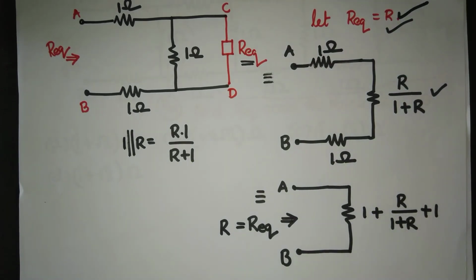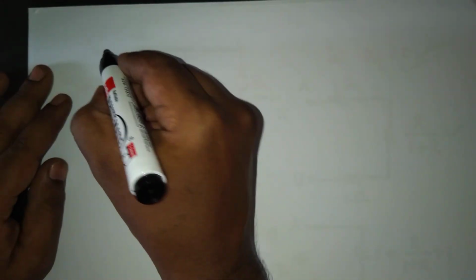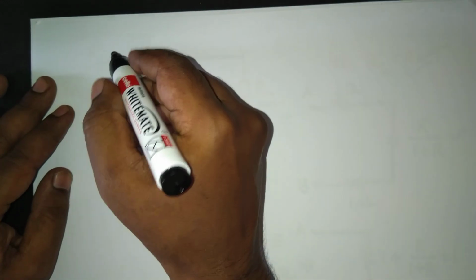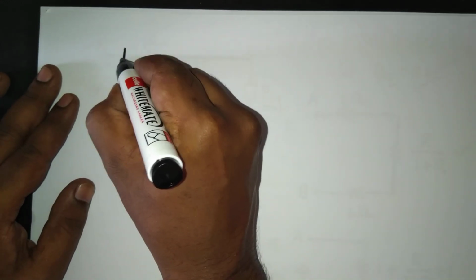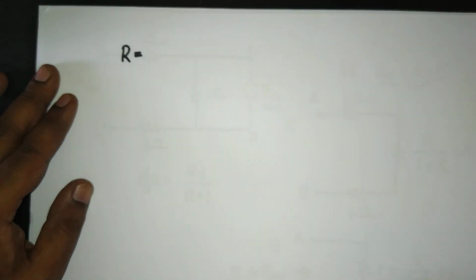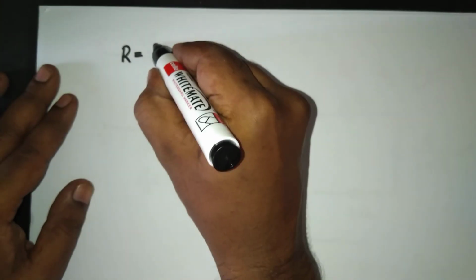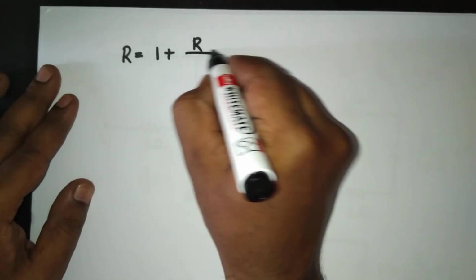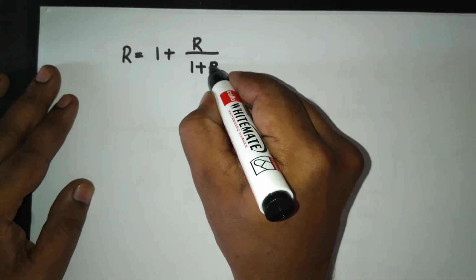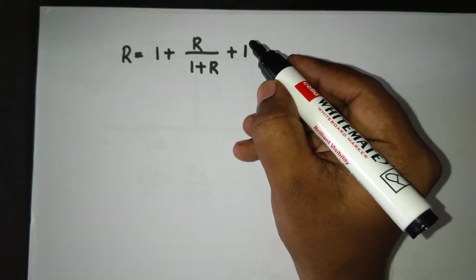Alright, now just give me a second, let me take one more slide. So R equivalent equals R on the left hand side, therefore R equals 1 plus R by 1 plus R, plus 1.